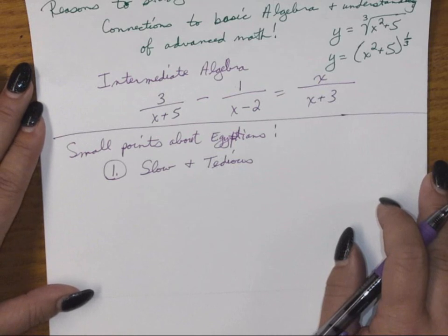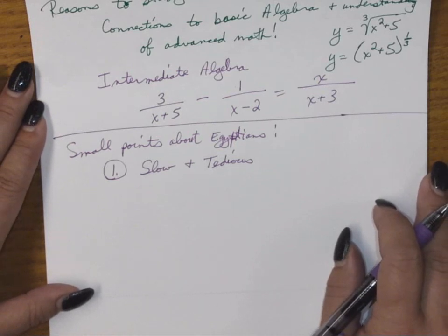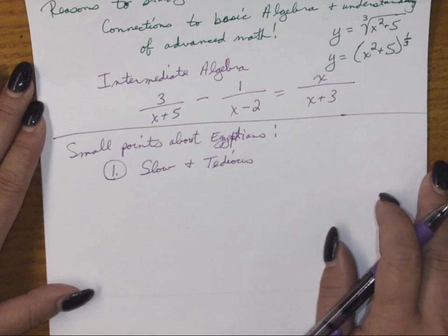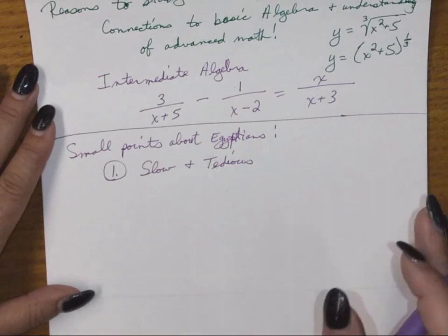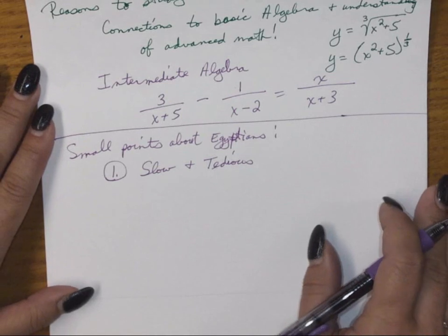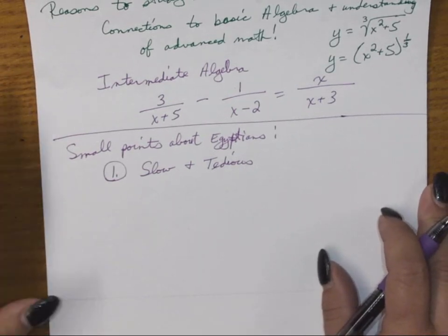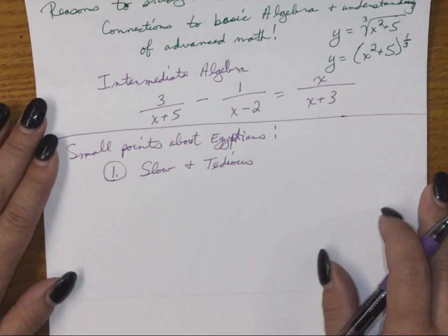And people go, oh, well, I'm struggling with this and I don't know why. Well, the reason why is because we're showing you the shortcut method, right? We're showing you the fast and easy thing. This took years and years for people to develop. There used to be mathematicians who worked for kings or royalty or emperors or whatever.